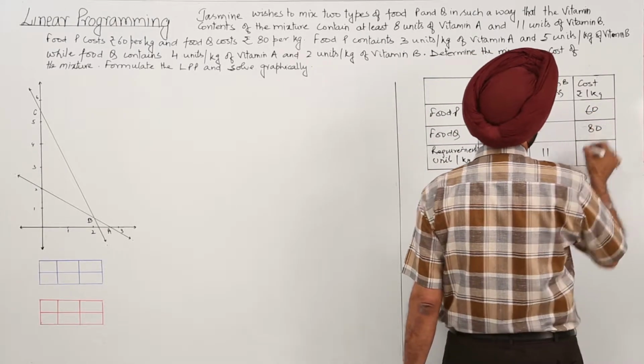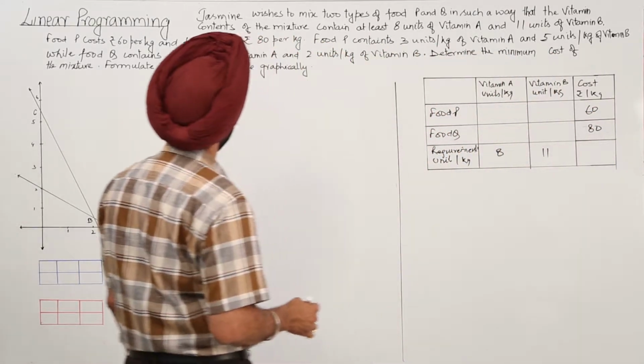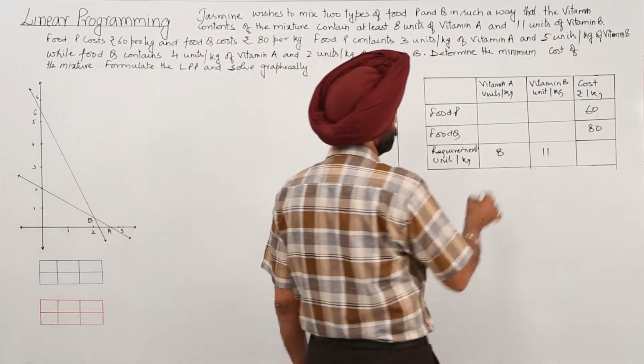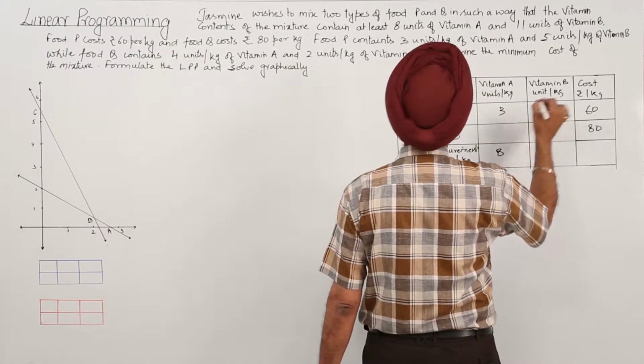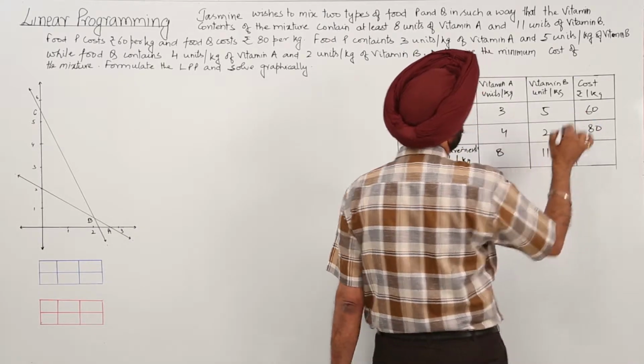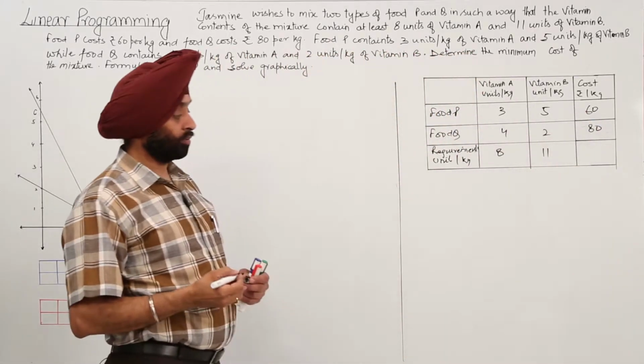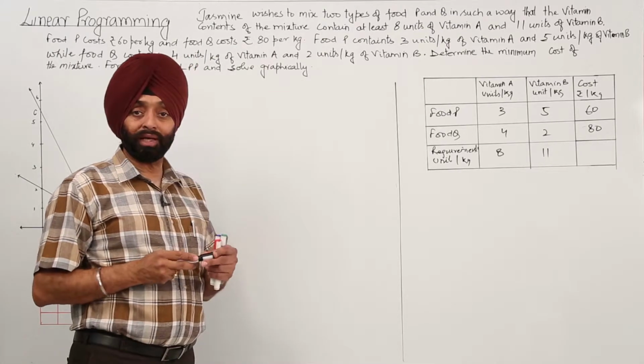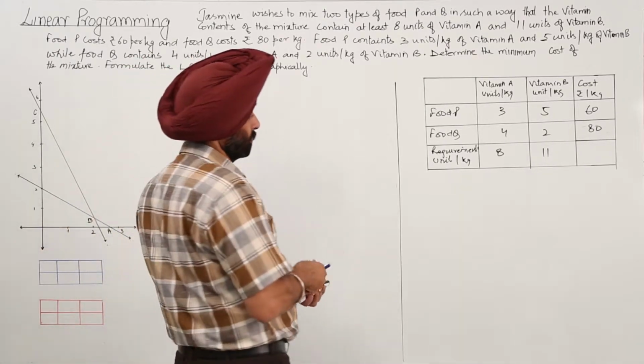Now, content in food P is 3 and 5, and in food Q is 4 and 2. Now, you can make this type of table also, so we can directly make the constraints.